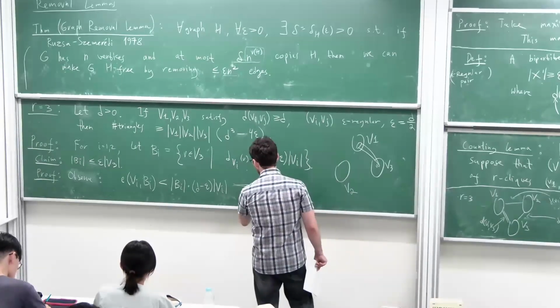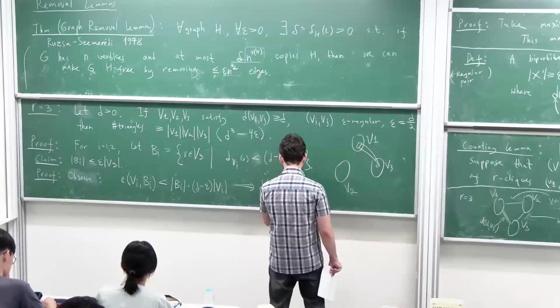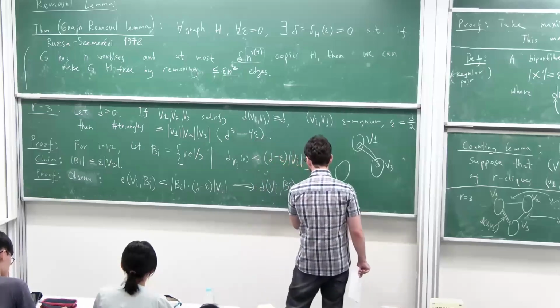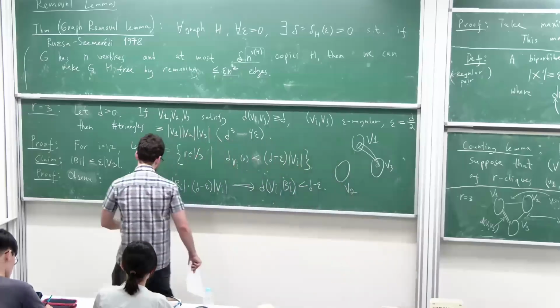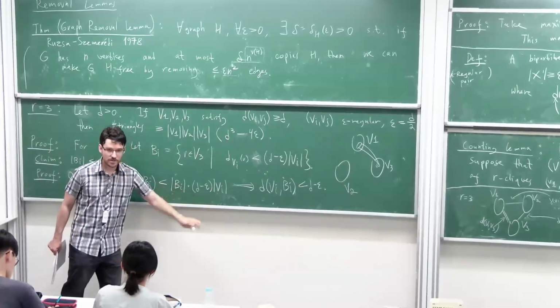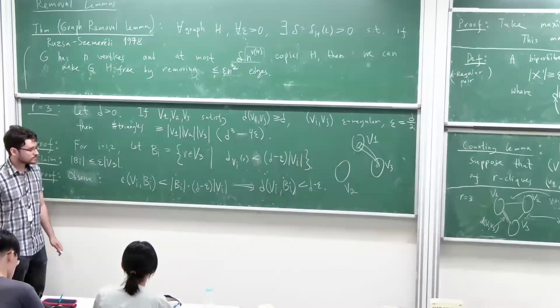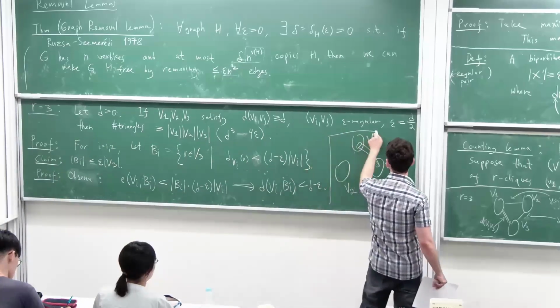So this means that the density between these two sets is less than d minus epsilon. Remember, the density just means taking the number of edges and dividing by the size. But I claim that this is impossible because of the epsilon regularity.